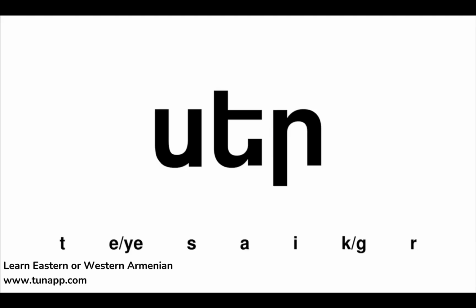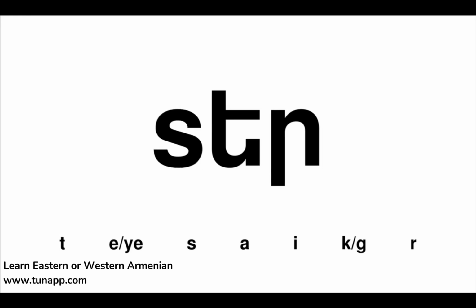Okay, so taking what we've learnt so far today, let's see if we can read the word on the screen. To do this, we'll translate each letter one by one. What's the first letter that you can see on screen? S. Okay, great. What about the next one?